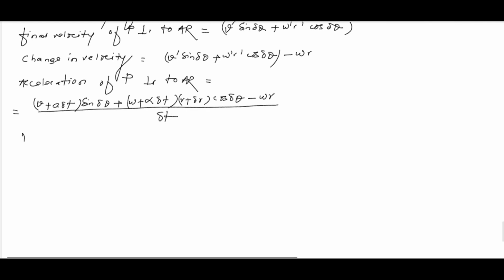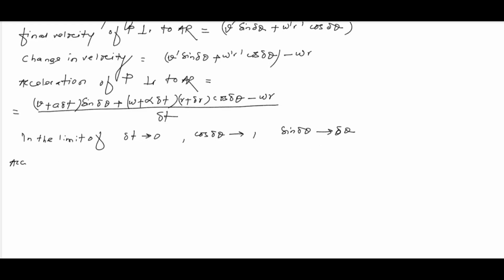Now in the limit of del t tends to 0, cos del theta will be equal to 1 and sin del theta will be equal to del theta.